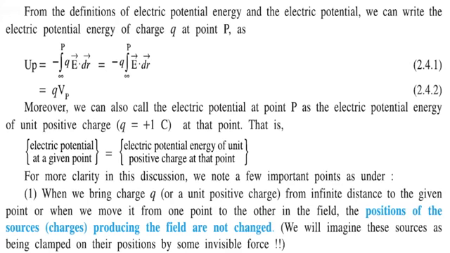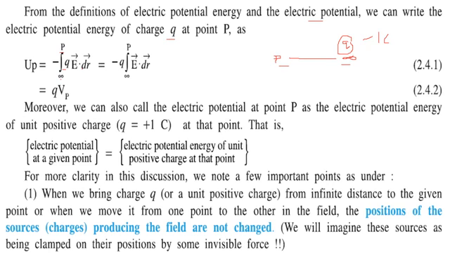And from the definition of electric potential energy and electric potential, we can write the electric potential energy of charge Q at some point P, because we are bringing it from infinity to P. We integrate from infinity to P, and because there is some charge Q, it is not 1 coulomb, so we multiply by Q. E dot dr we already know.